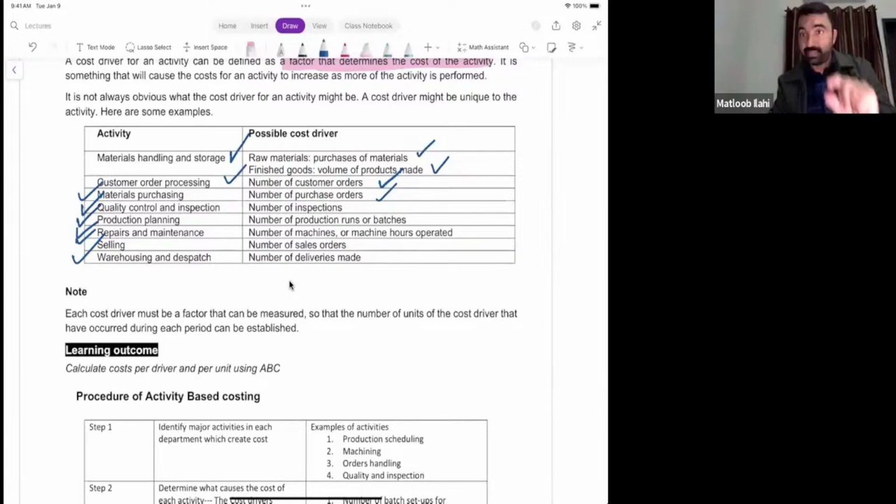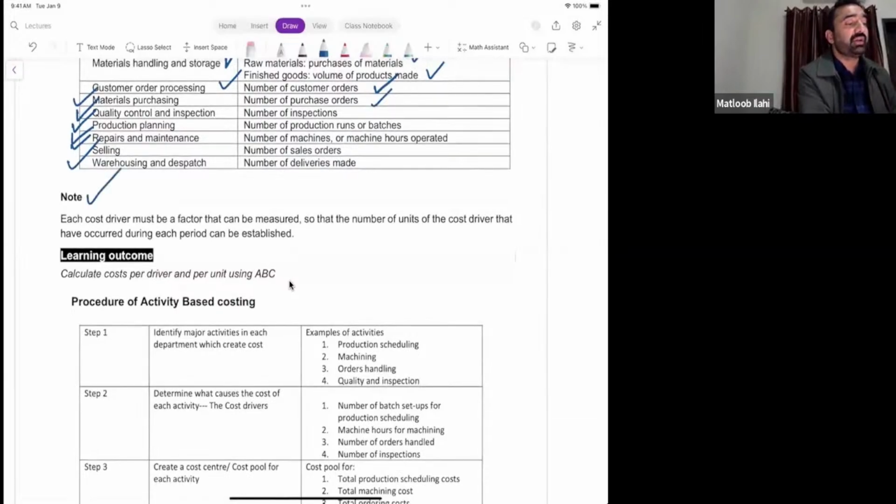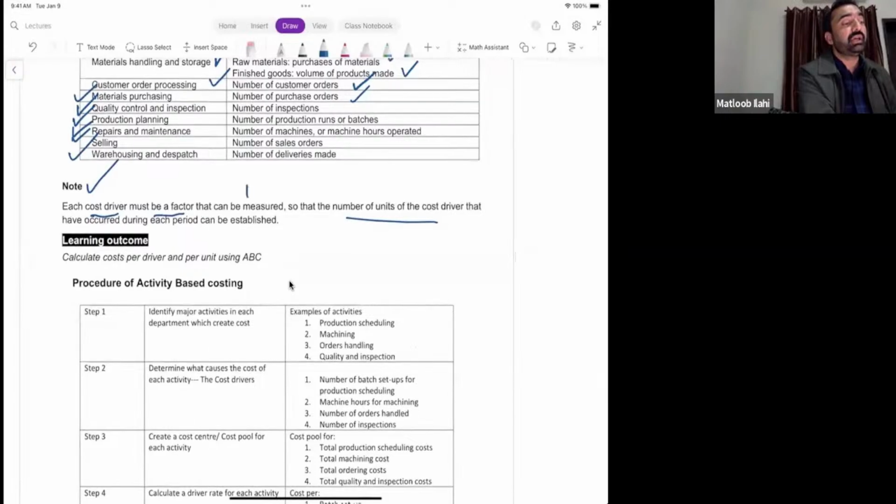So I hope you have understood these activities and drivers. Note, each cost driver must be a factor that can be measured, so that the number of units can be counted. Every driver must be measurable. That's a simple thing. There is no technicality.